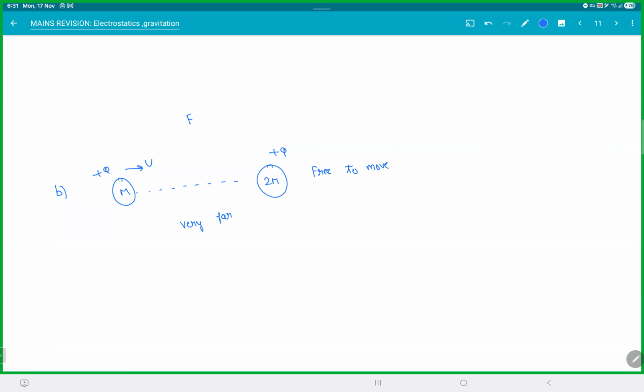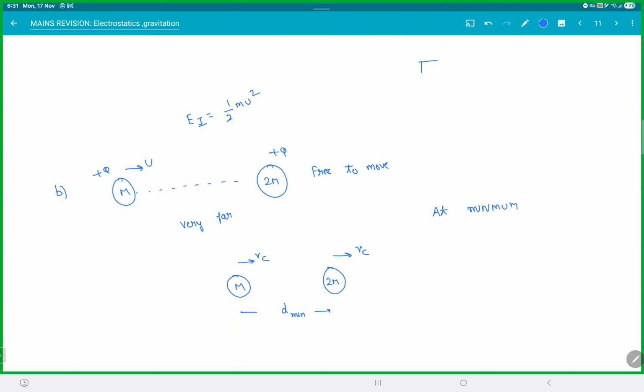So initial energy will be half mu square. That's it. There is nothing else. And finally, when there's a minimum distance between them, both will have the same velocity. Hope you remember this.